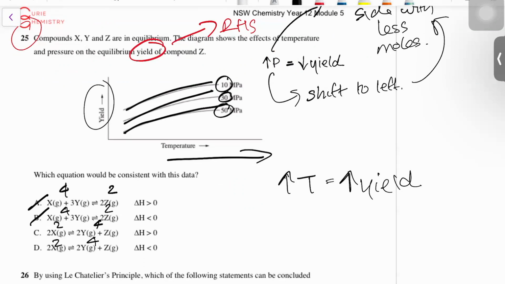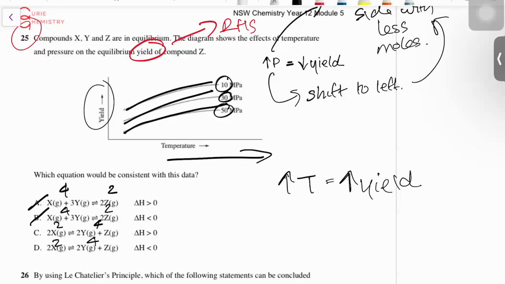Whenever you're explaining equilibrium shifts, you always refer to Le Chatelier's principle. So what does Le Chatelier's principle tell you? When something happens, the system will shift to counteract the change. Good. So if there's an increase in temperature, what would the system try to do to the temperature? It's going to try to shift to decrease the temperature, and decreasing the temperature means you want to remove that heat energy.